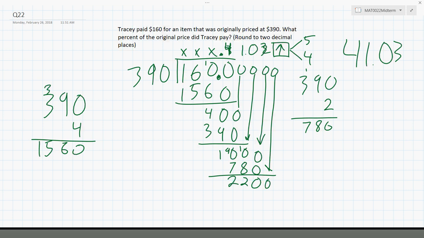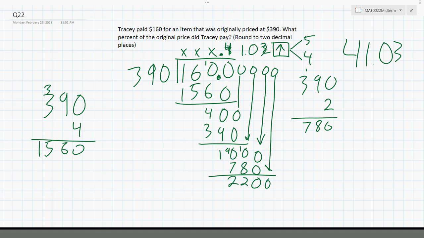Does everyone get how I pulled that out there? I'm hearing some shock and awe right now. Did I lose people? I just wanted to know why you would divide 160 by 396.